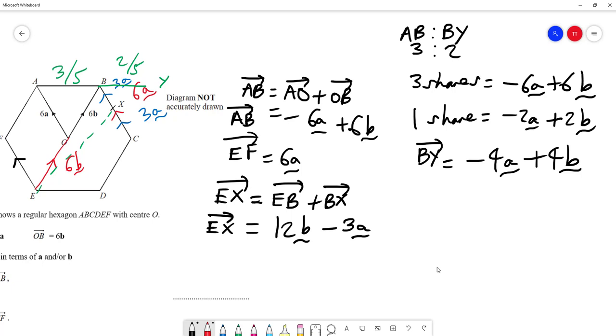Now, if EXY is a straight line, I want to show that EY is a multiple of the smaller vector EX, because EX and EY are collinear; they lie in the same straight line. We found out what EX is, and we need to work out what EY is. EY is going to be the vector EB plus BY.